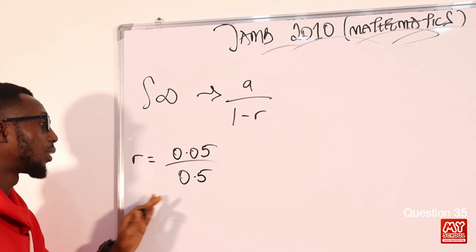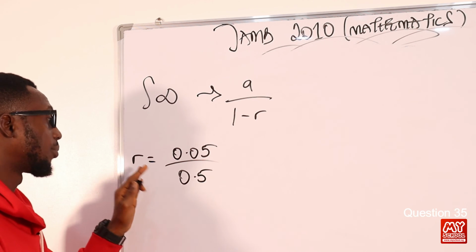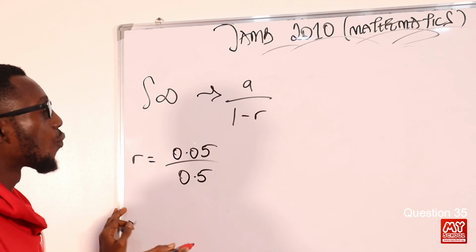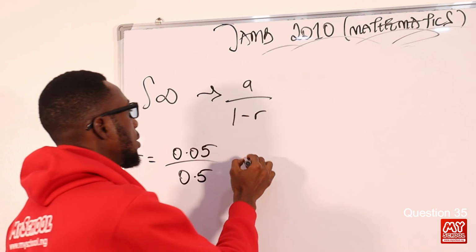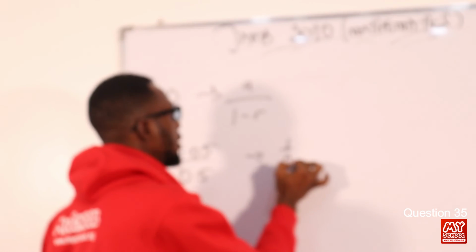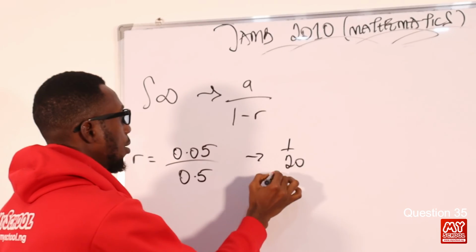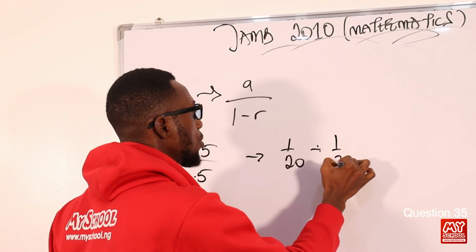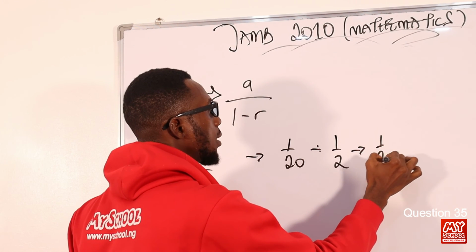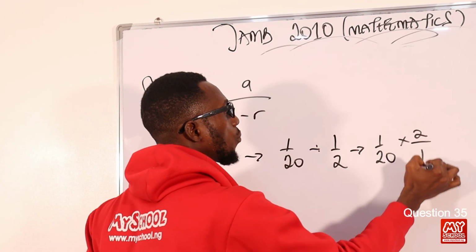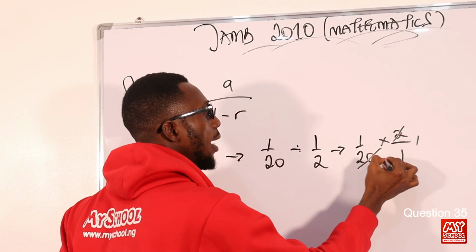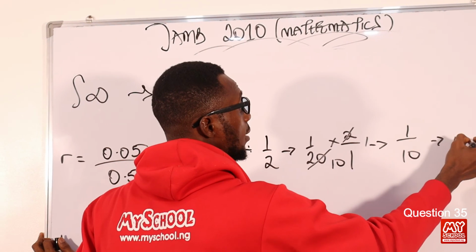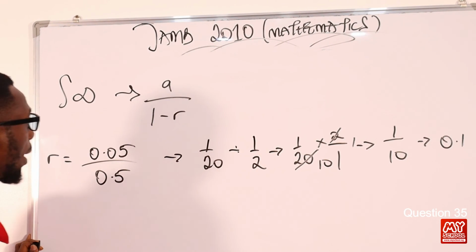Without a calculator, I know that 0.05 is 1 over 20, divided by 0.5, which is 1 over 2. So that is 1 over 20 times 2 over 1, which gives 1 over 10. 1 over 10 is the same thing as 0.1.